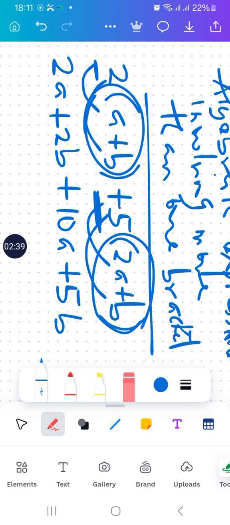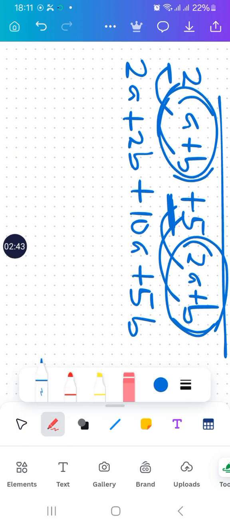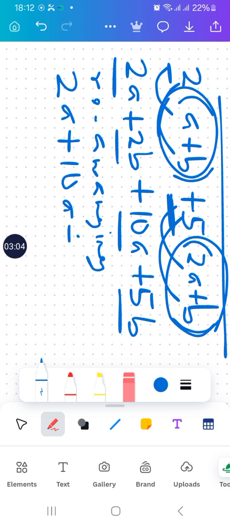So you agree with me that there are some things that look alike here. 2a and 10a, they are like terms. 2b and 5b, they are like terms. So we can bring them together. We can call it rearranging. That will be 2a plus 10a plus 2b plus 5b.